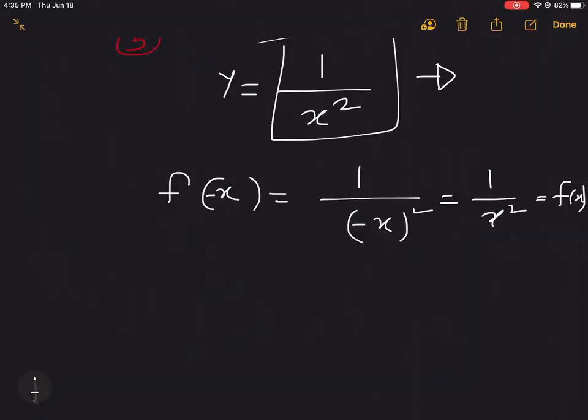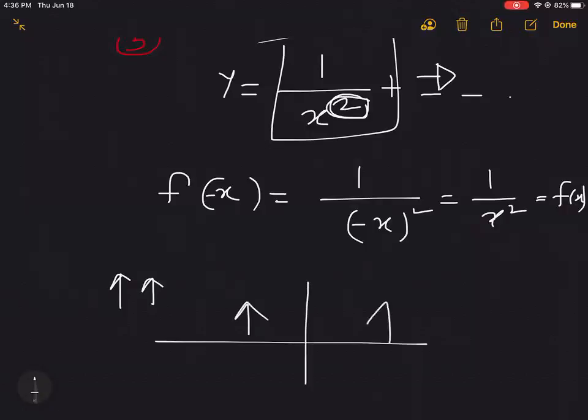Now, as it has an even exponent, that means that the entire function will be above the x-axis. Can you see that? We don't have any other terms associated with it. So you can clearly say, as this is an even exponent, the entire graph will actually be above the x-axis. Can you see that?